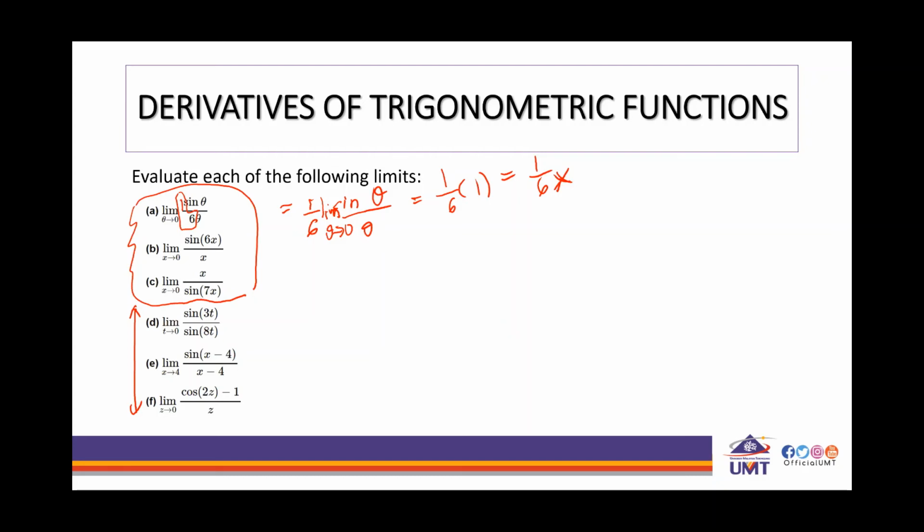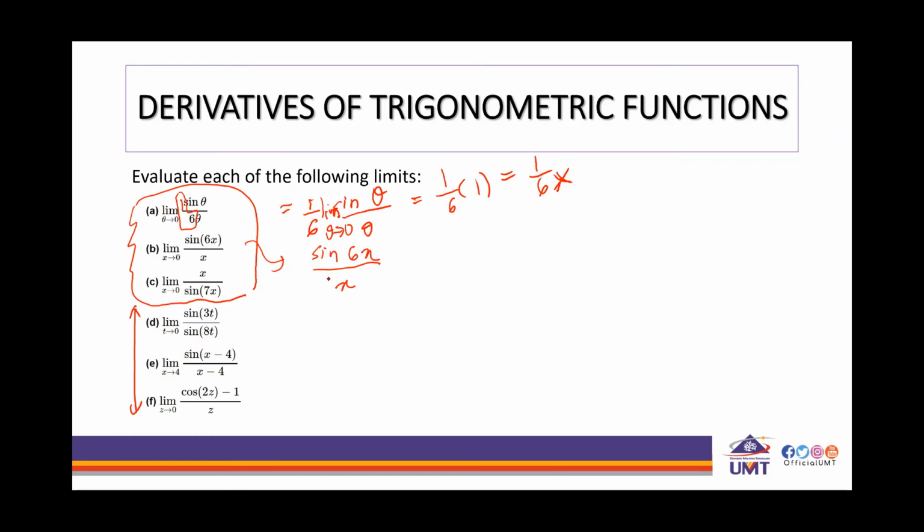Okay, so the second one, B. The trick here is sin 6x over x. If you can see here, the sin 6x over x, we want to make them the same.